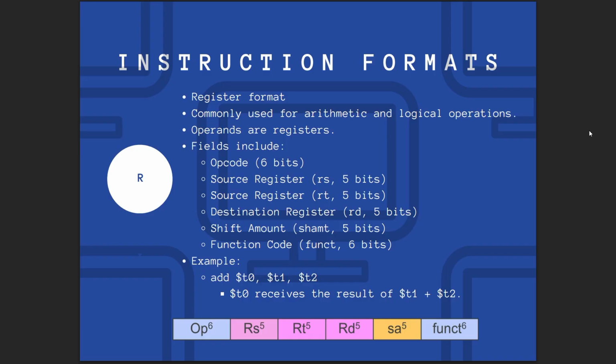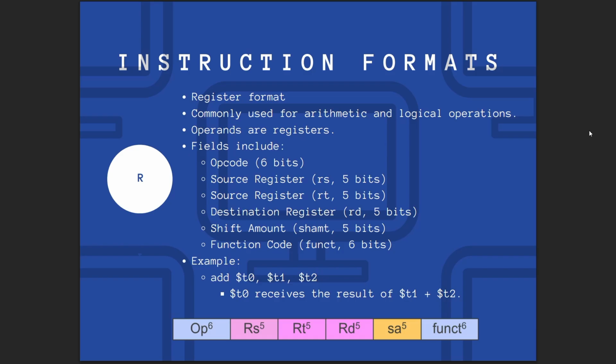The func field is 6 bits and tells the processor exactly which operation to perform, such as add, subtract, or AND. All arithmetic and logical instructions that operate on registers use this format. Operands must be registers, not memory locations. Here is an example: add $t0, $t1, $t2.